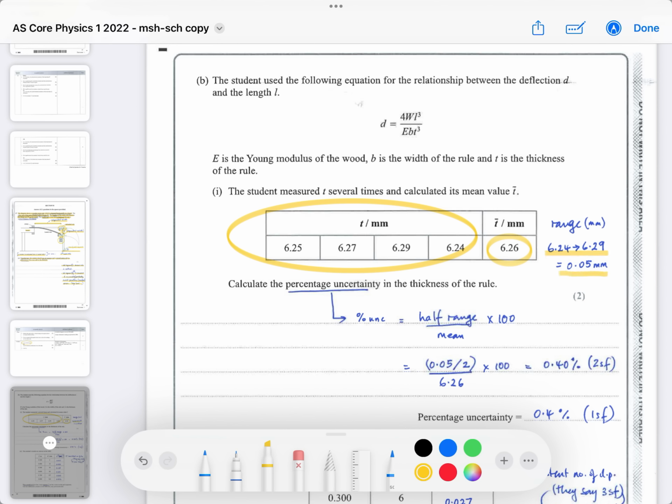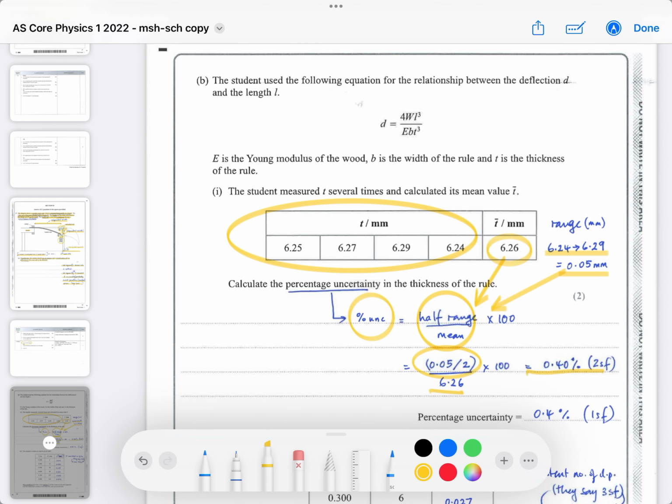So half the range will be half of 0.05 millimeters, and that is what you use to work out the percentage uncertainty. It's half the range divided by the mean value. So you put the mean value in there, and you put half the range in there, and then half the range will be 0.05 divided by 2, divided by the mean, gives you an uncertainty of 0.40%.